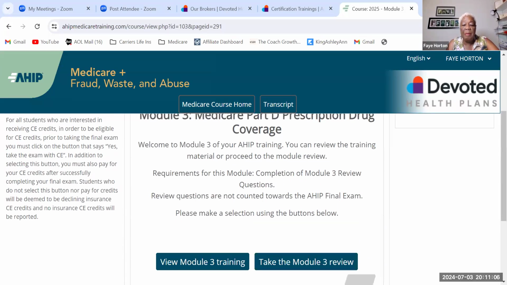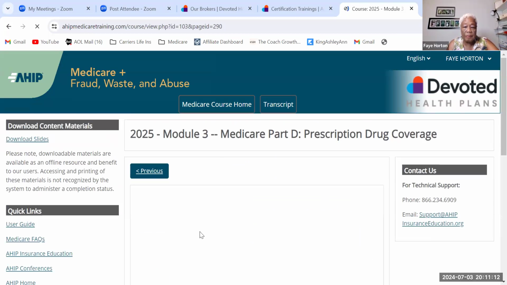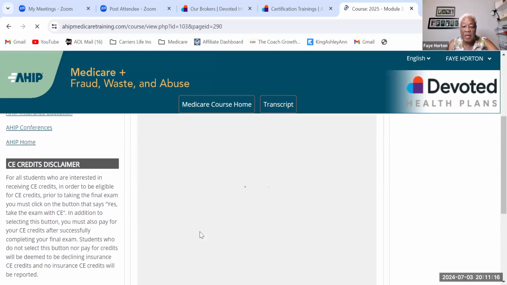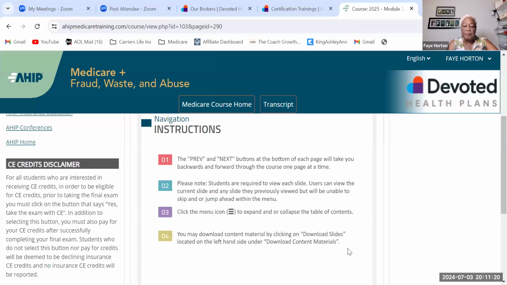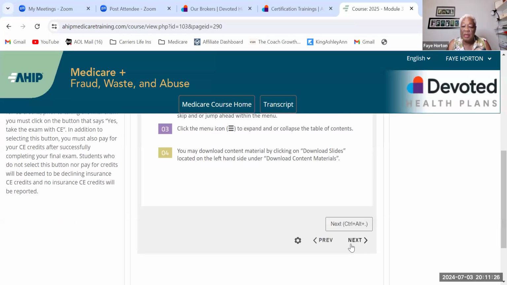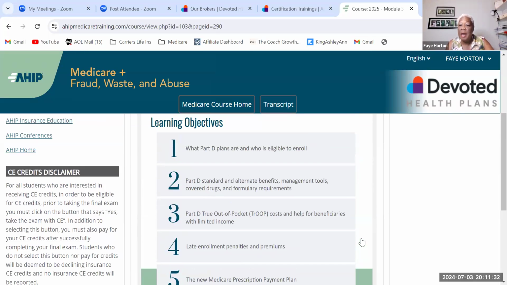So in Module 3, as soon as my screen comes up, these are the navigation instructions that are in each module as you begin the module. This is material that is copyrighted and belongs to AHIP.